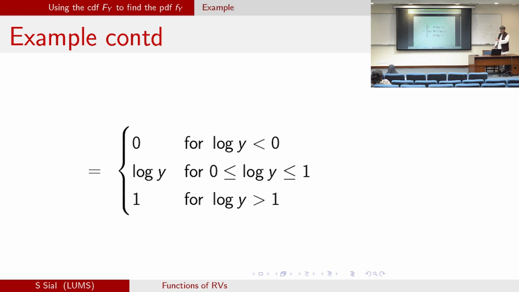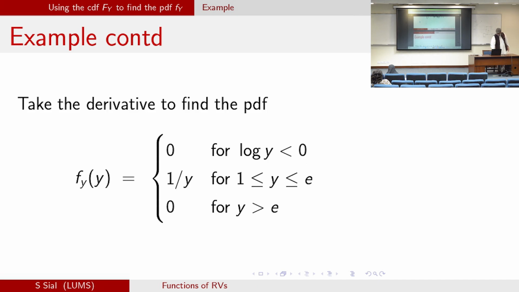I take the derivative of log y, I get 1 over y. Take the derivative of 1, I get 0. And I could write log y less than 0 as y less than 1, for example.